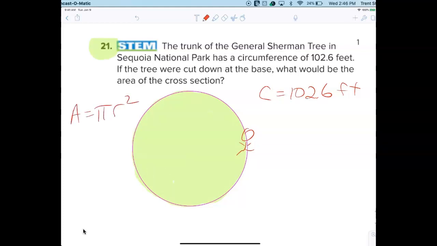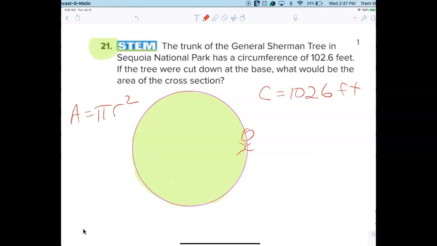Right, so the only way I can find the area of that cross section is to be able to find the radius. Do I know the radius? No, I don't have the radius. So the question is, how do I figure out what the radius is?